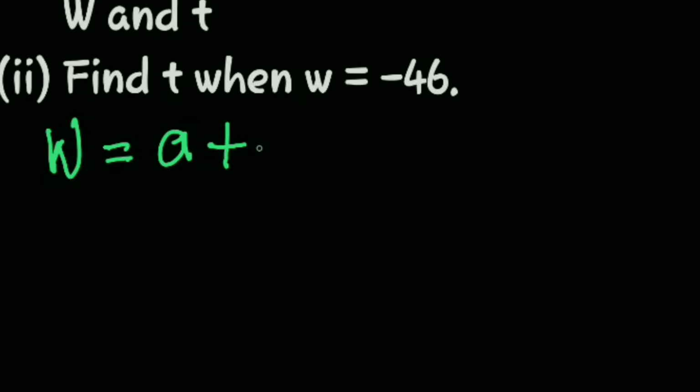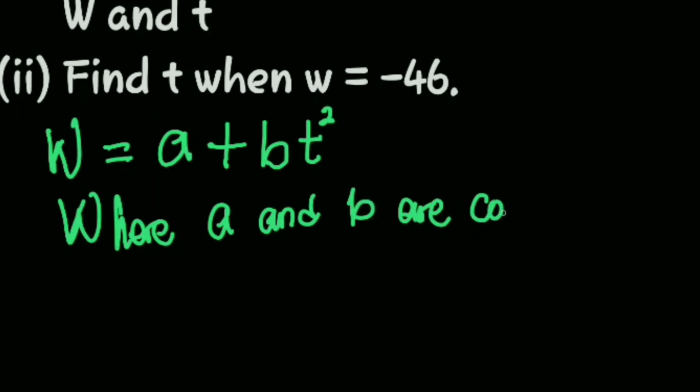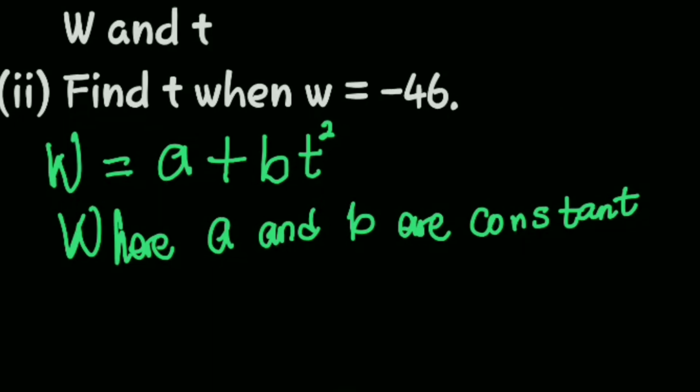We introduce another constant term B as the square of T. So we have this relationship: W equals A plus B T squared, where A and B are constants. I said earlier that in partial variation there are two constant values here.